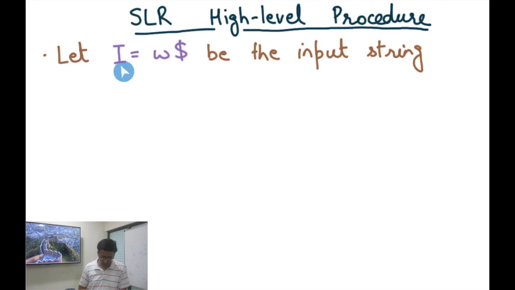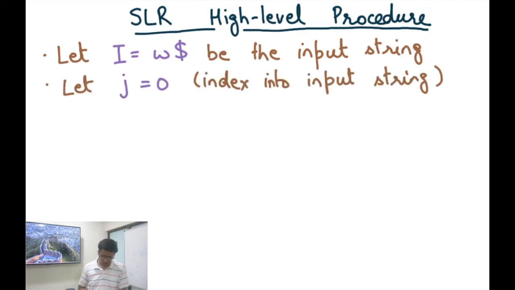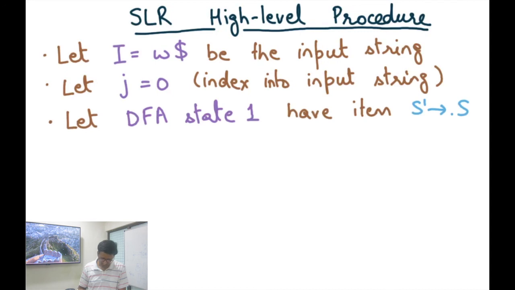So let the input string be some string of characters omega followed by the end of input character dollar. Let j equal 0, which represents the index into the input string. So initially j is 0, which represents the left of the leftmost character of the input string. And let DFA state 1 represent item S prime produces dot S. So this represents the start state of my DFA.